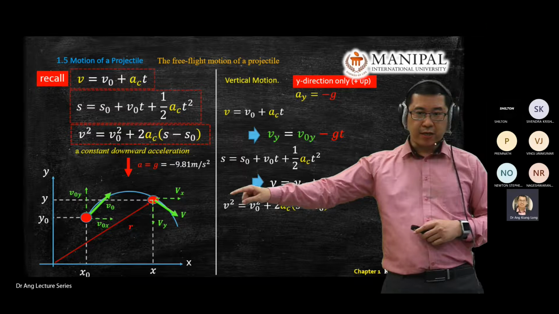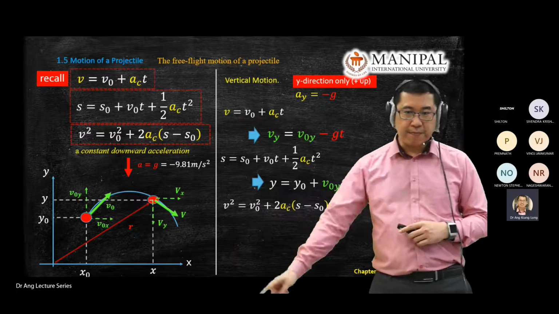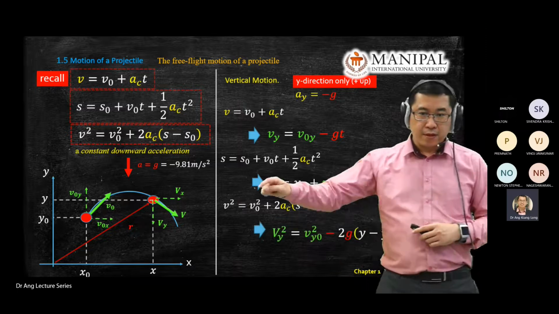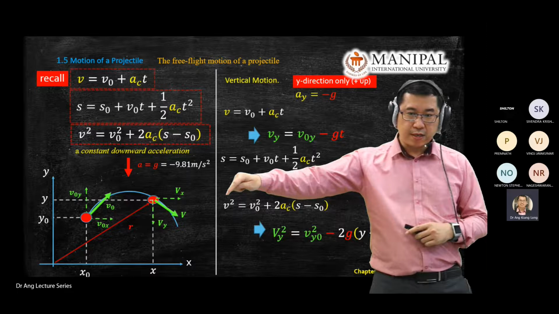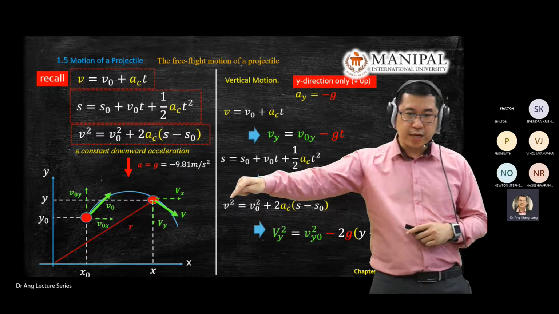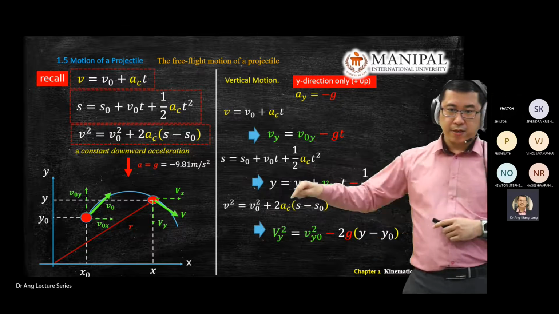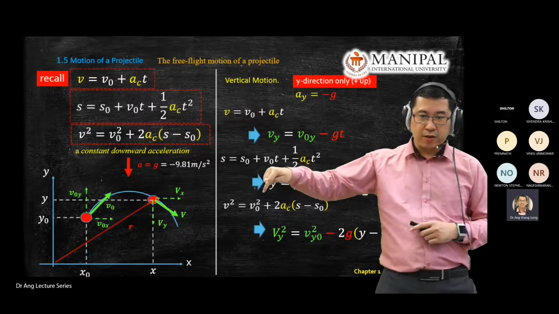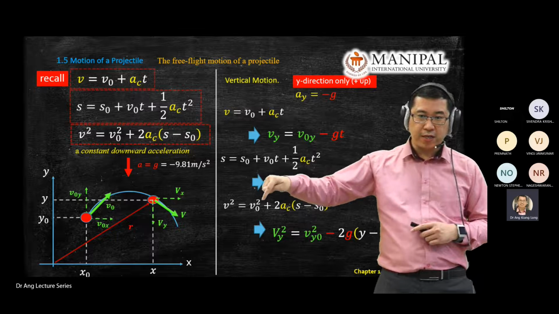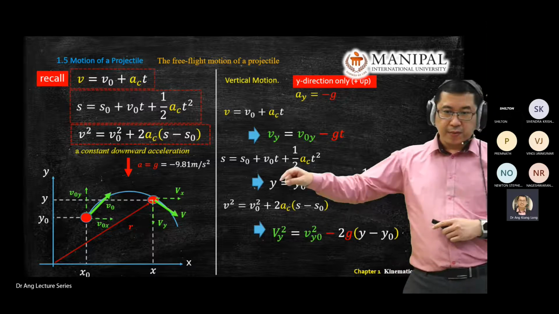You modify accordingly to your projectile diagram. V is the velocity at the last position in the Y direction. It becomes V sub Y square. This one is the original velocity, but you're looking at the Y direction. So V 0 Y square. 2 copy.